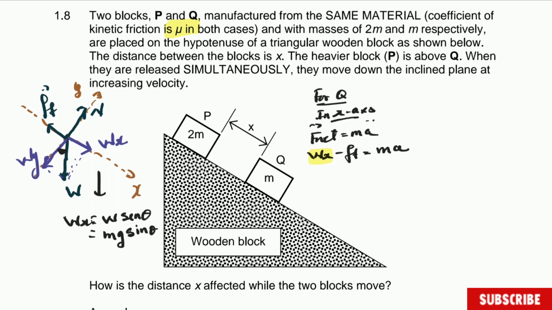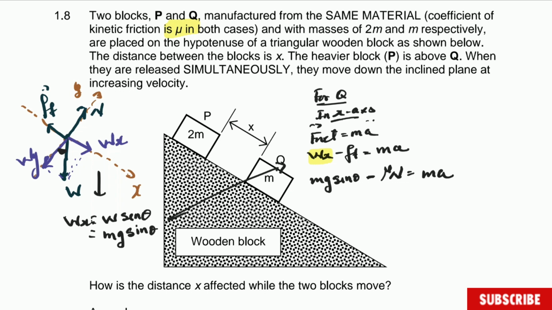We are going to substitute this in there. So we have mg sin theta minus the frictional force, but we don't have the frictional force. The frictional force is equal to the kinetic coefficient of friction multiplied by the normal, and all that is equal to ma.